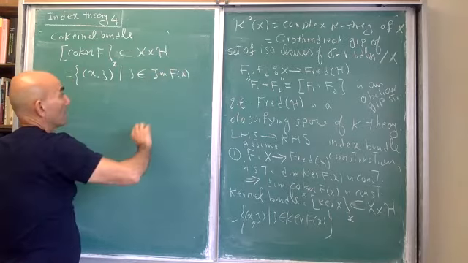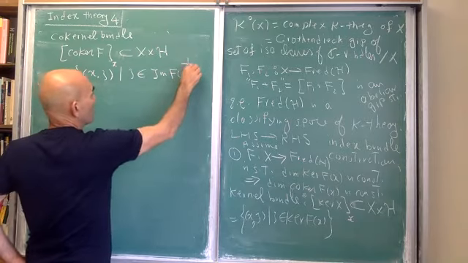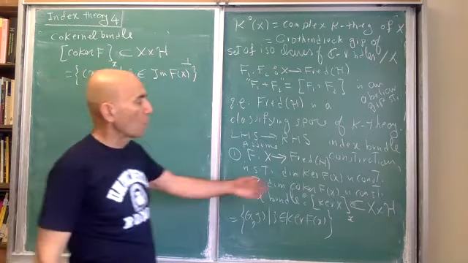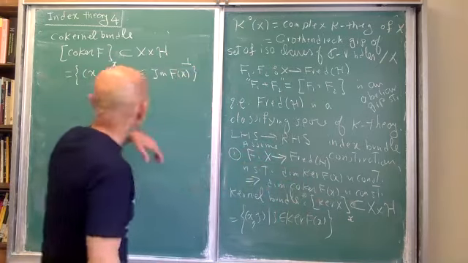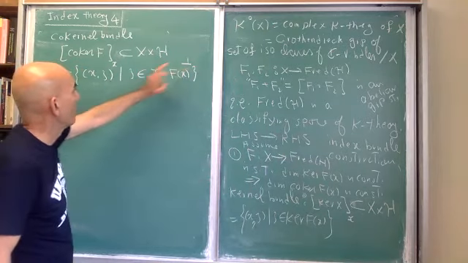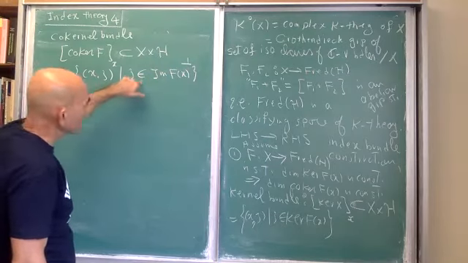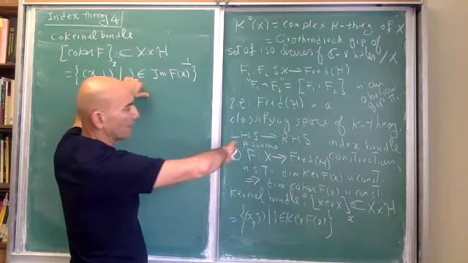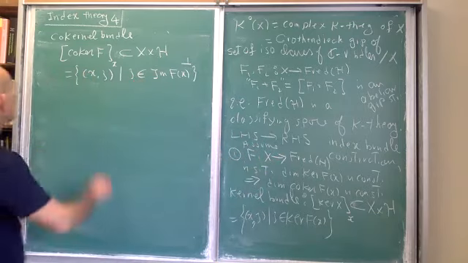So let me make my life easier. Instead of taking the co-kernel as an abstract quotient bundle or whatever, I just do it like this: the image of f of x, orthogonal complement. Again, these are finite dimensional vector spaces because of Fredholmness, and they move in a continuous way and their dimensions don't change. This is a vector bundle.